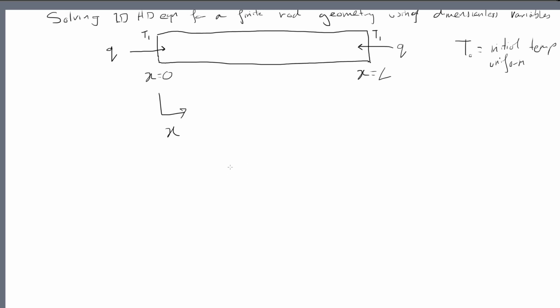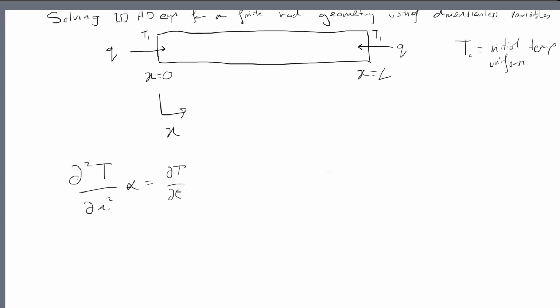So I'll start off by rewriting the heat diffusion equation that we derived last video. That's d2T by dx squared times the heat diffusivity alpha is equal to dT by dt.